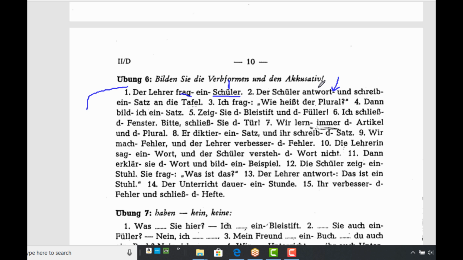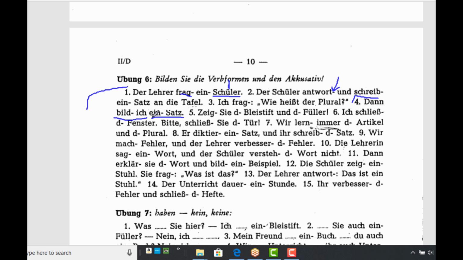How about ich frage, wie heißt der Plural? How about this one? Dann, what would this be? So Dann Bild, so ich bilde would be the I form. Ja, dann bilde ich einen Satz. And what about the definite article for this one? Just do the whole thing again.